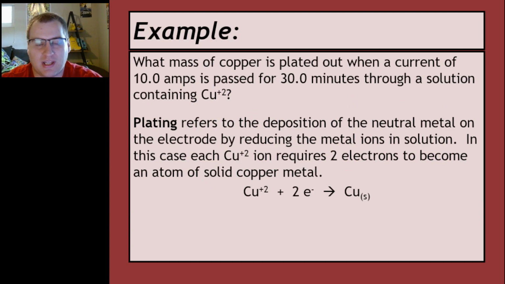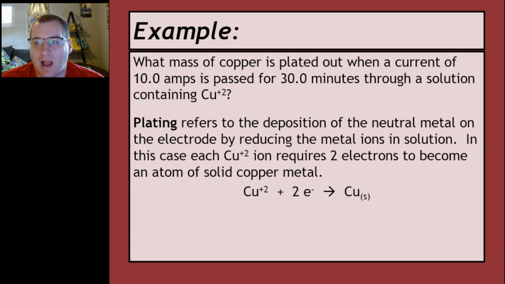All right, the problem will look like this. What mass of copper is plated out? Now, reading down from this paragraph here, plating refers to the deposition of the neutral metal on the electrode by reducing the metal ions in the solution. Basically, I'm going to be adding atoms to my electrode, to my piece of metal.